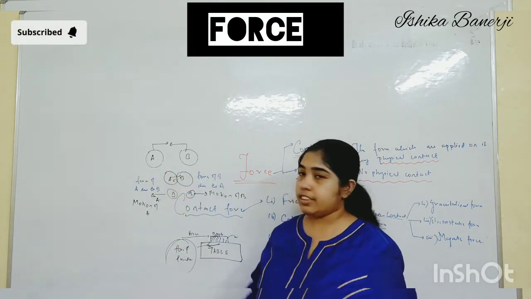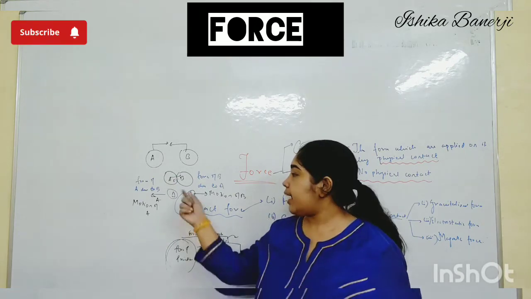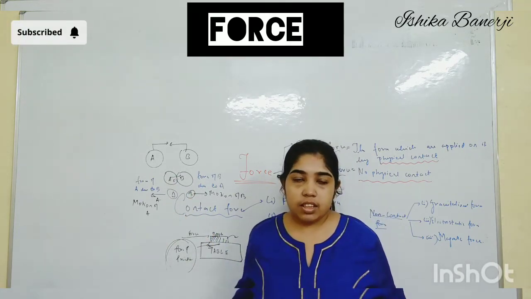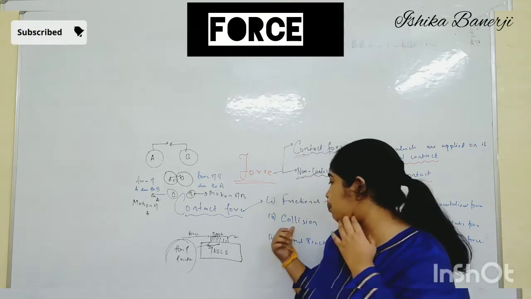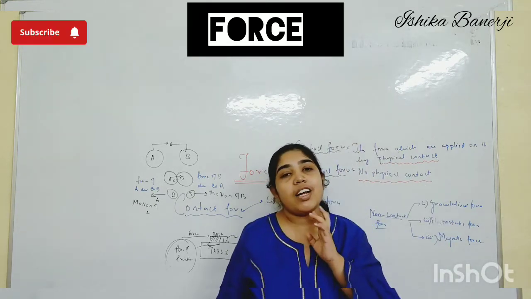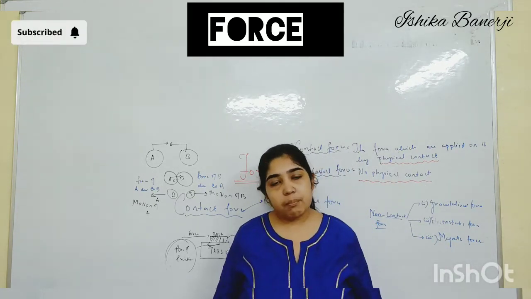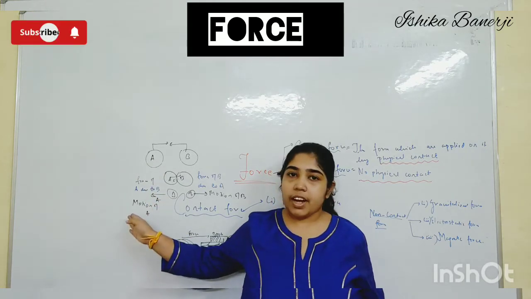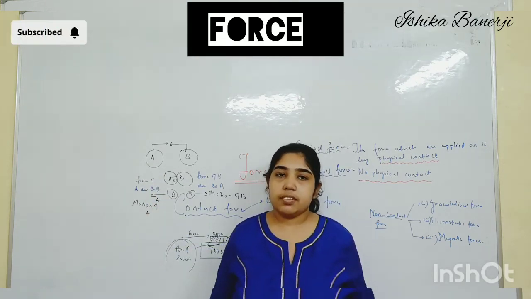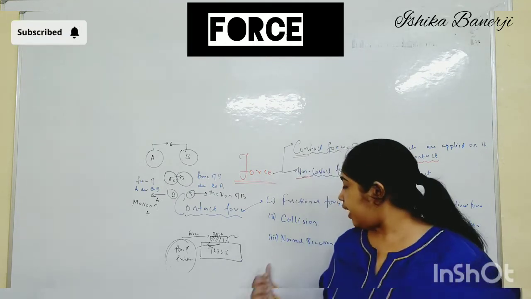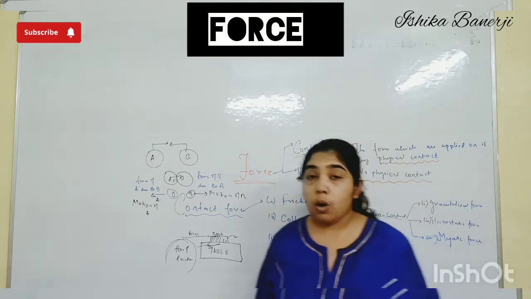Collision is happening, fighting is happening, and this is the stage after collision. Clear? Understood the point of collision? If you did not understand, then understand the real life example. This is what happens when we fight. So a fight is a collision. Clear? Understood? Next we will talk about the normal reaction force.